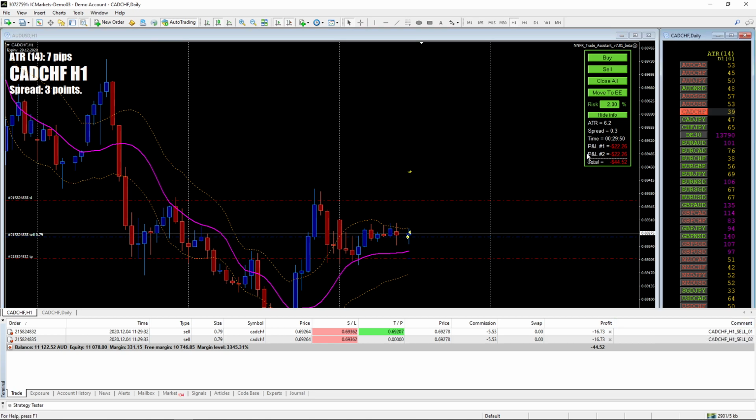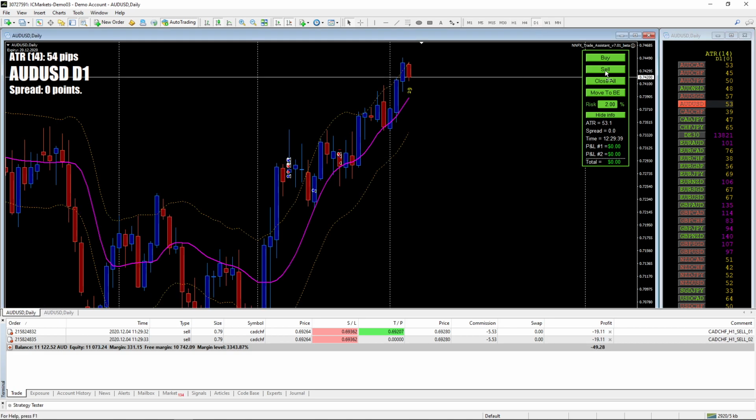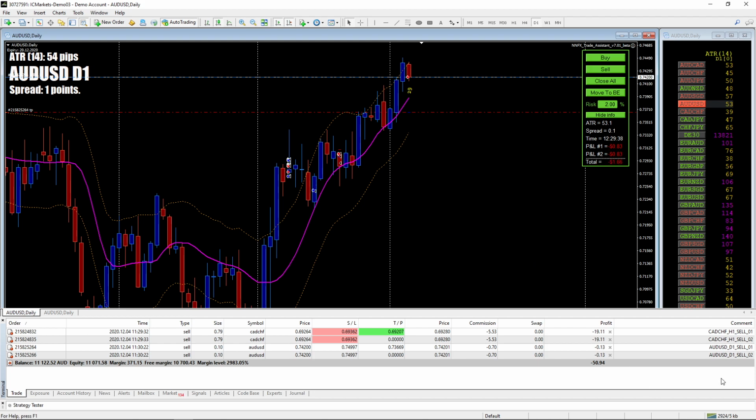So if we jump over here to a different chart, different time frame, we sell, bang. So now you can see here AUD USD, it's on a daily, we're selling here as well, so it shows you that it'll change the time frame as you go, which is a pretty handy addition to everything else.